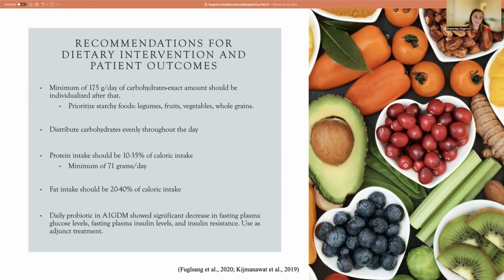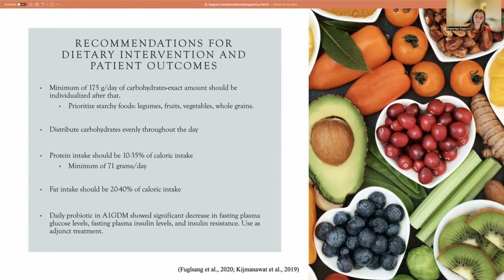And then this is just another important note. The recommended weight gain during pregnancy in women with GDM is the same as someone who does not have GDM. So just making sure that the fetus is growing appropriately, and we don't need to come down with stricter weight gain criteria on anyone with GDM.